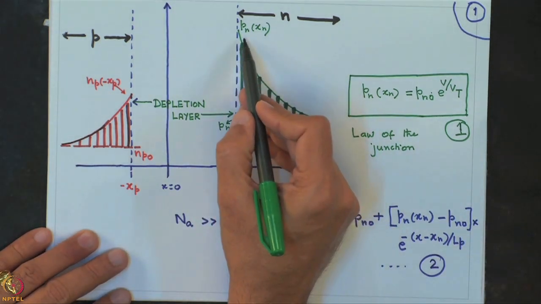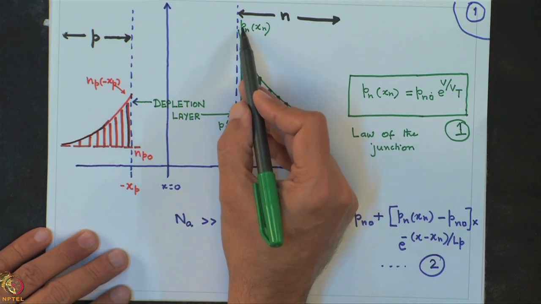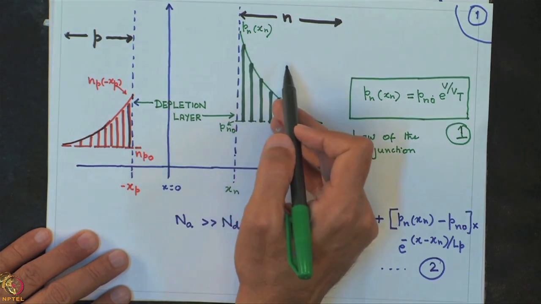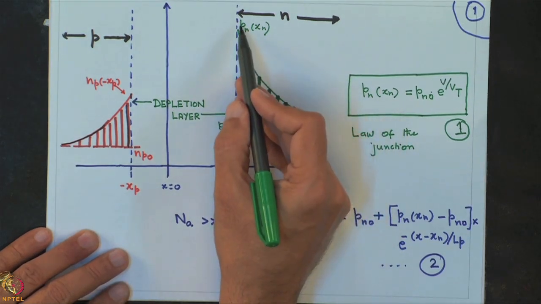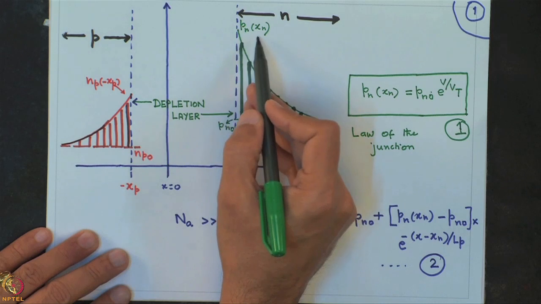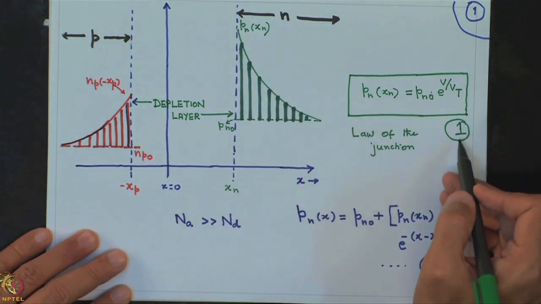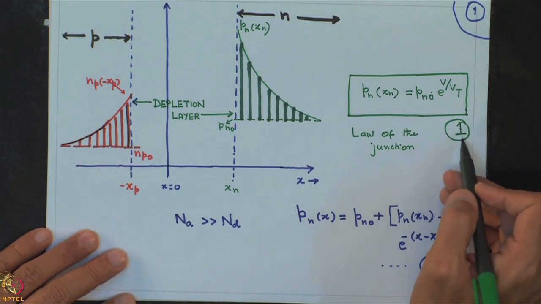The holes in n, where the subscript n denotes that we are talking about the n side, so minority carriers p in n at a location xn is given by this expression, which I have numbered as equation number 1.